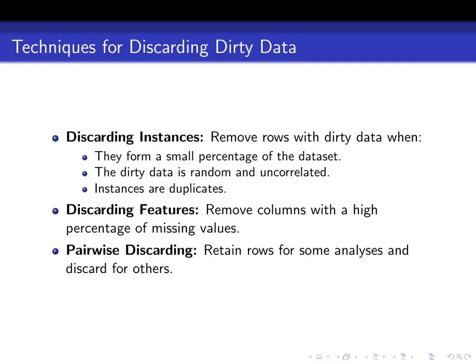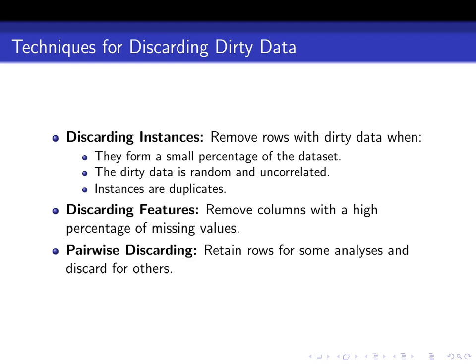Now, let's talk about discarding dirty data. One approach is discarding instances, where we remove rows with dirty data, especially if they form a small, random, and uncorrelated percentage of the dataset. Another option is discarding features, which involves removing columns with a high percentage of missing values.